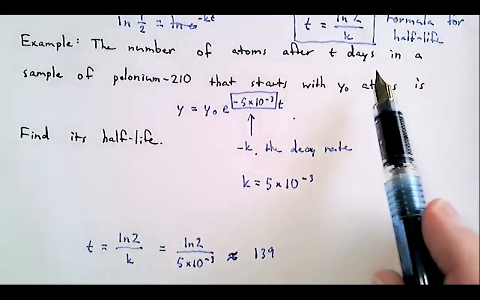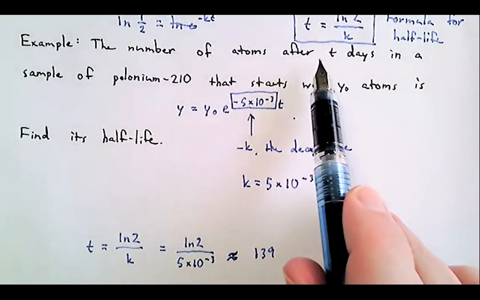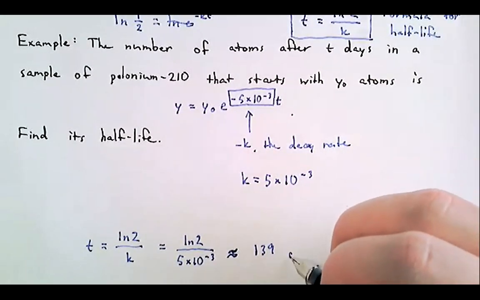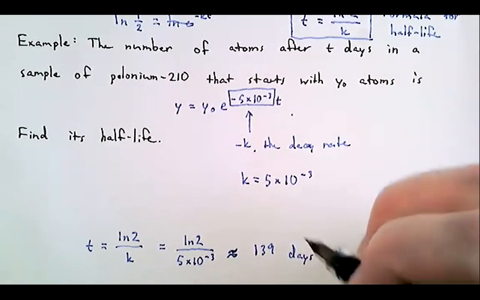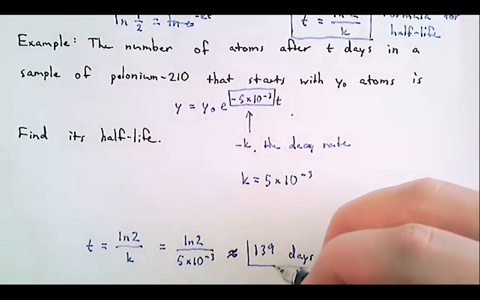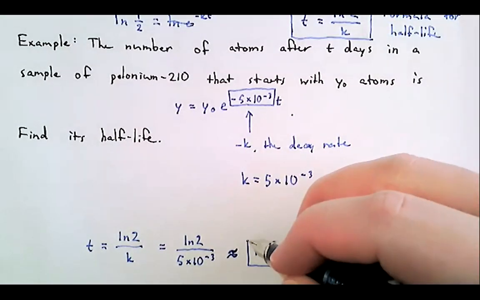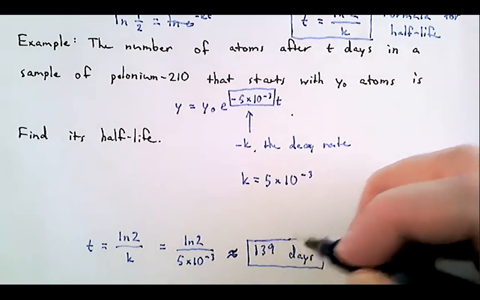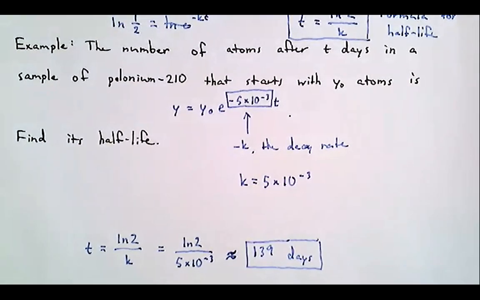And if we go back up to the problem, we'll remember that t was in days. So this is 139 days. Any questions over the example?